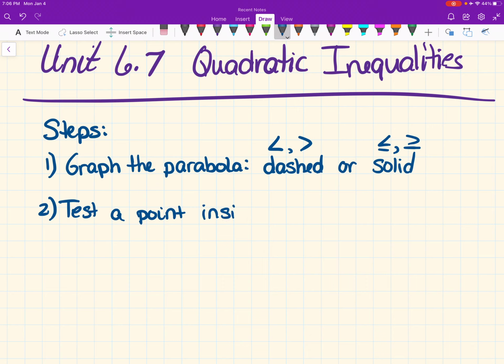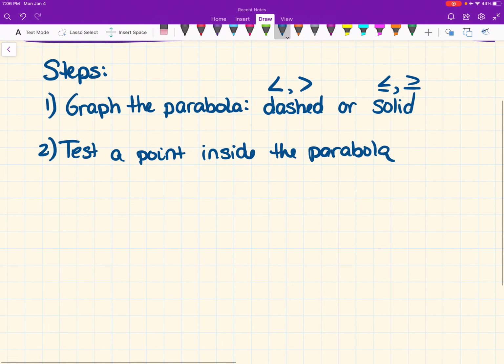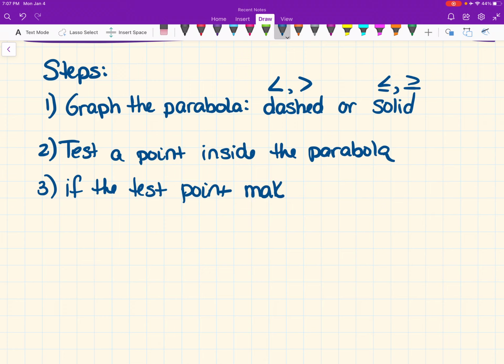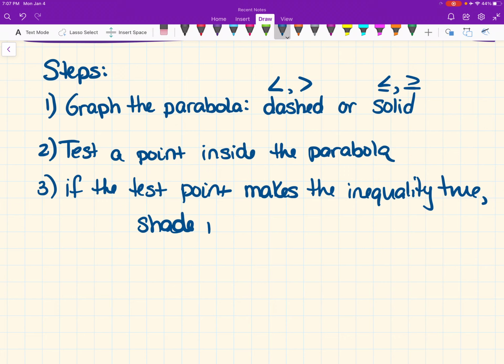inside the parabola. If the test point makes the original inequality true, then you're going to shade inside the parabola.